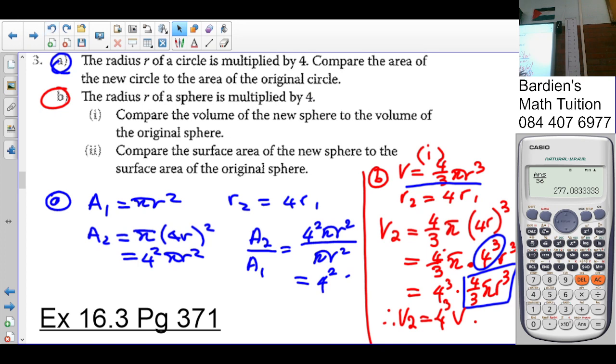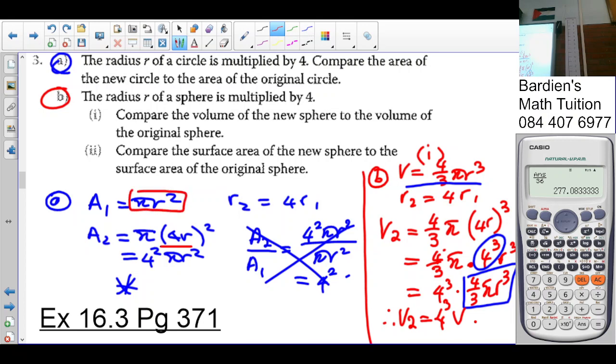If I do what I did here in B to this question, instead of representing it like that, I could have said that is your original area and that is also equivalent. Not so? So I could have said area 2 is equal to 4 squared of the original area, or 16 times.